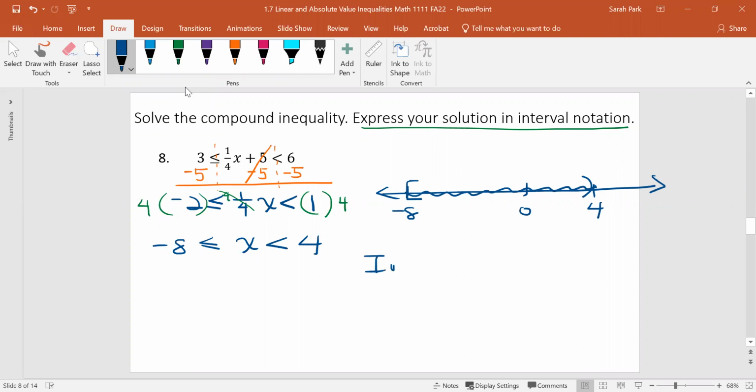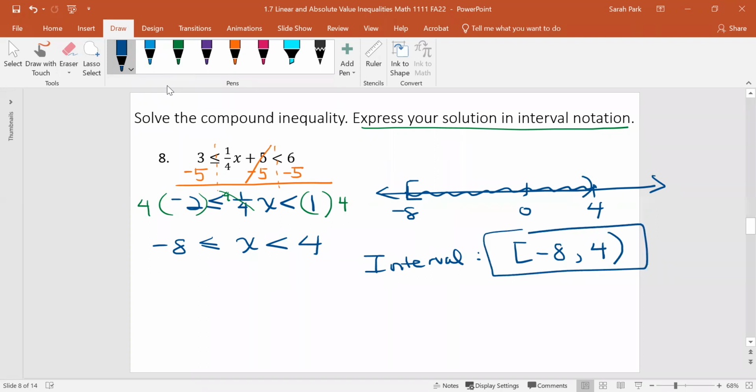So in terms of the interval, we can see on the number line, it's bracket negative 8, 4, and then parenthesis. If you can go straight from set builder notation to interval notation, that's fine, but sometimes it's really helpful if you put it on a number line first.